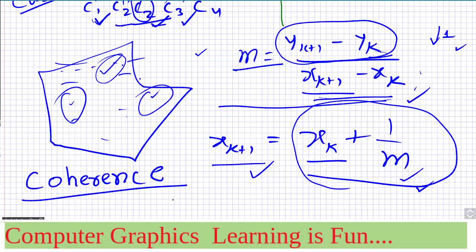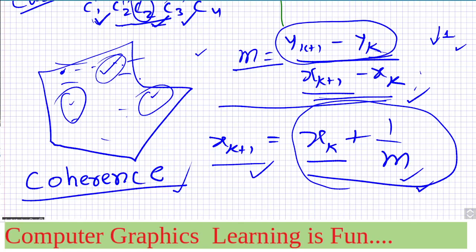Now because of this coherence, we should use this property in our favor and reduce our processing. Okay, see, one way is: whenever a pixel is coming, for each pixel you can judge whether it is inside the polygon or not. If it is inside, you will plot it, otherwise you will not plot it.